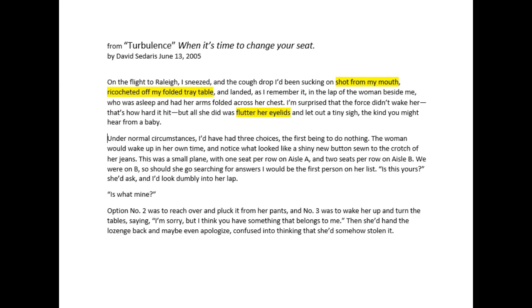Which explanation do we want to bracket that helps Sedaris achieve his purpose of explaining his situation? The hypothetical explanation that Sedaris uses to explain his specific situation is: the woman would wake up in her own time and notice what looked like a shiny new button sewn to the crotch of her jeans.